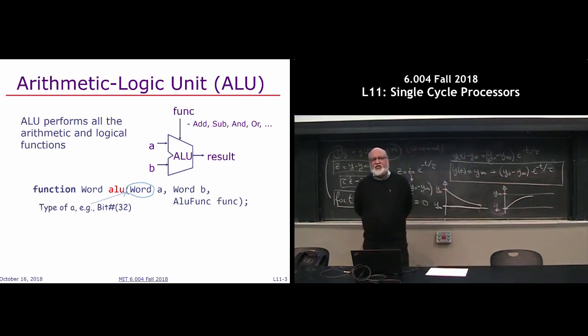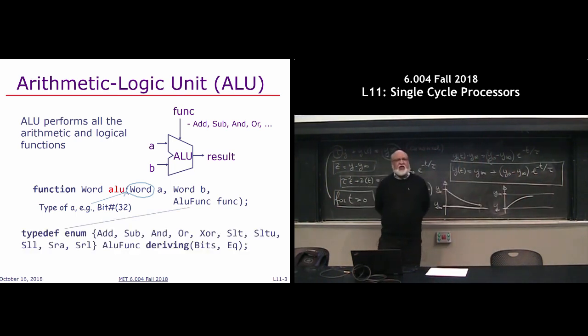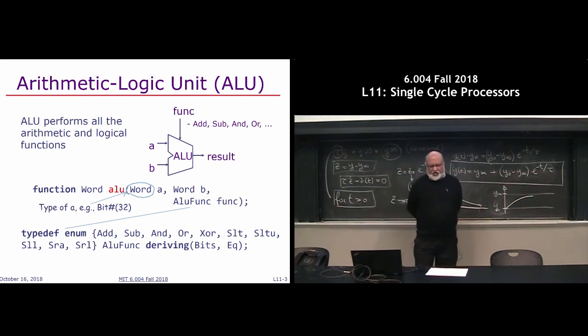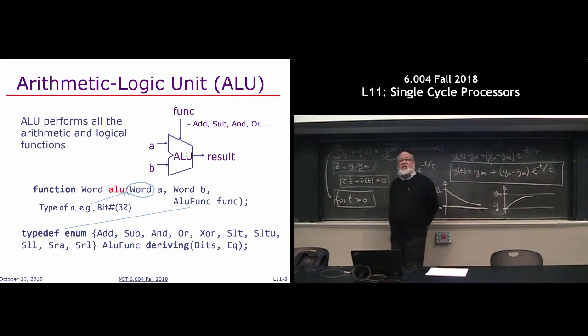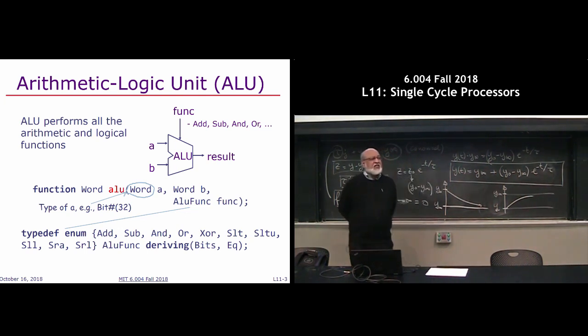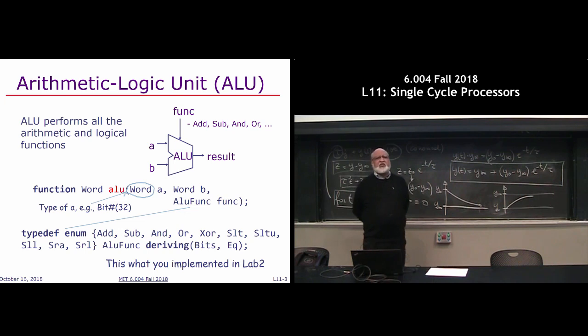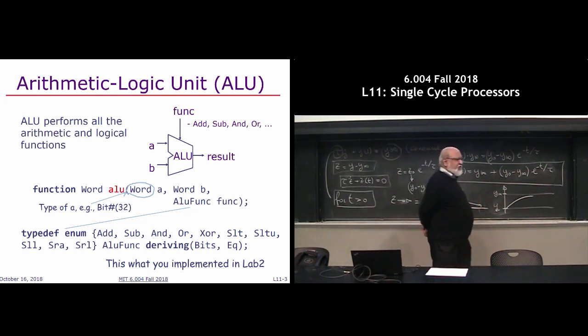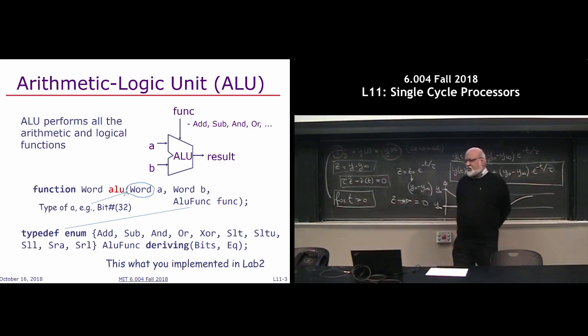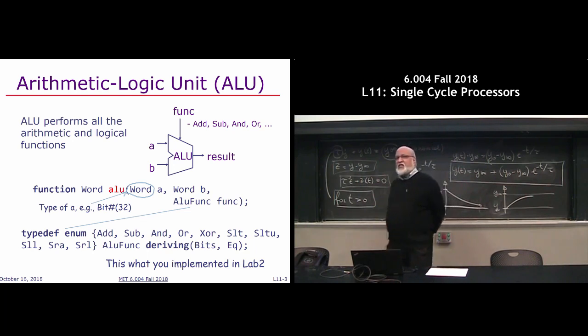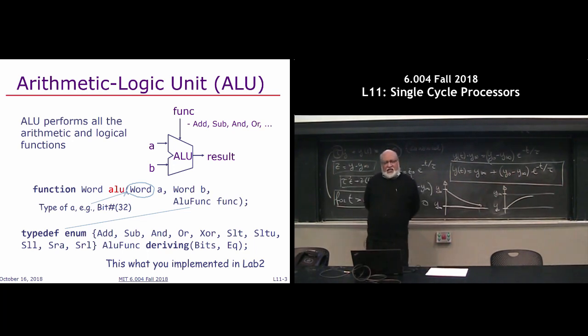Similarly for the ALU function, you have to say what functions are supported in this hardware, and these are add, subtract, and, or, XOR, shift, etc. that is given over here. So this is exactly what you implemented in lab 2, and it's a very important part of any CPU. It contains an ALU inside it.